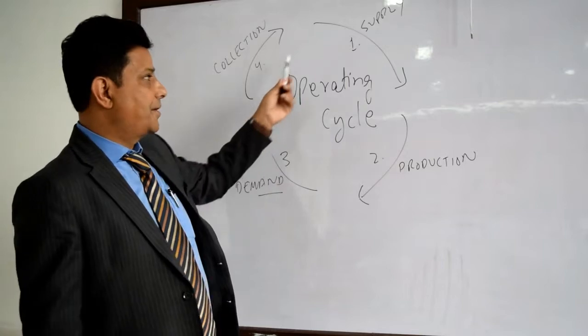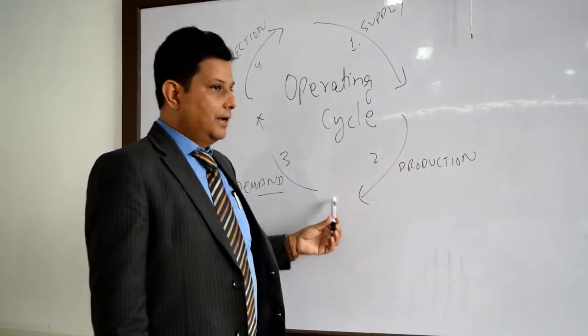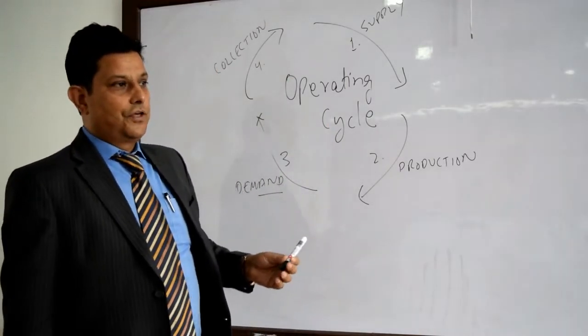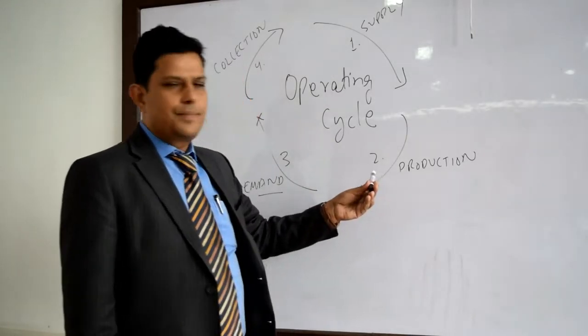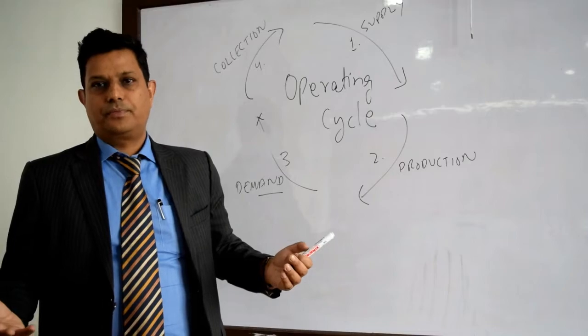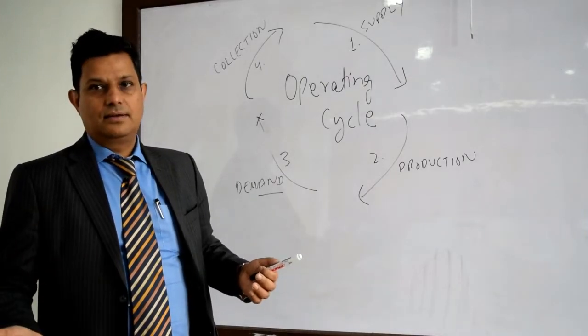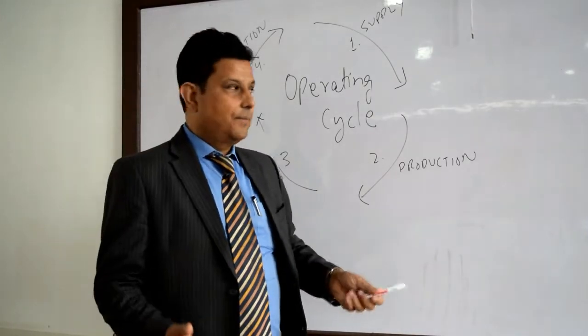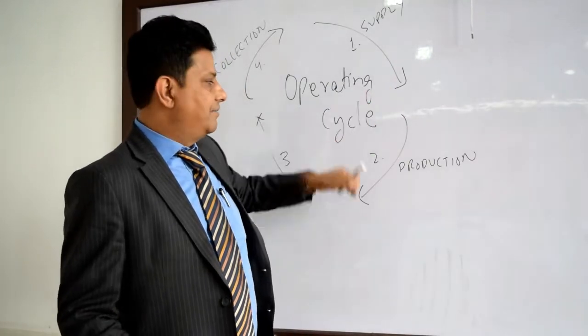Now let's analyze the operating cycle of the Bhatbhateni store. If you think about production, do they produce? They do not produce. They sell, or they trade. They buy from somebody, so that's supply, and then they sell.